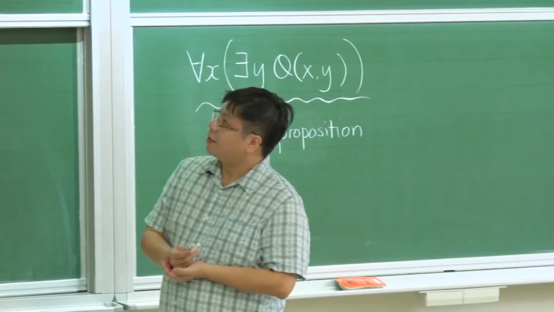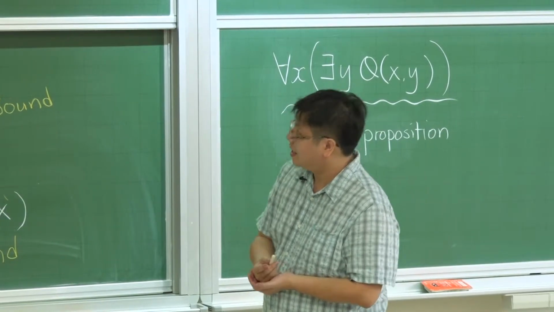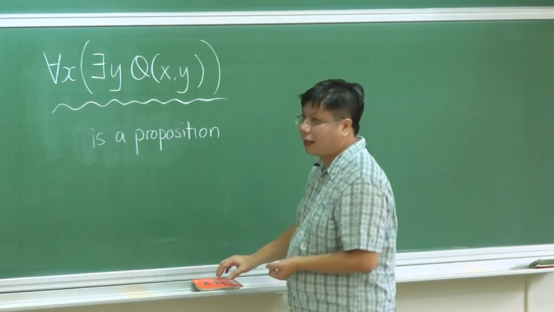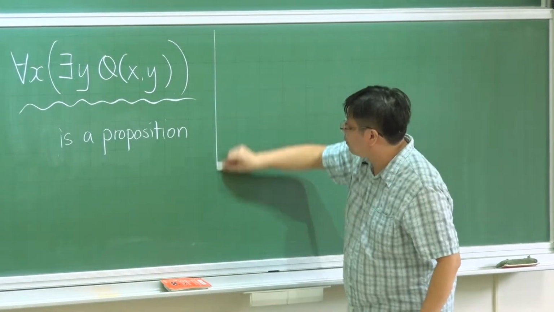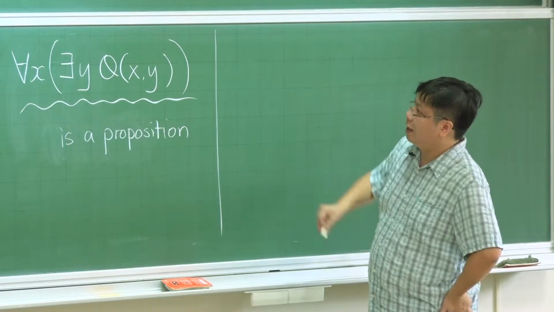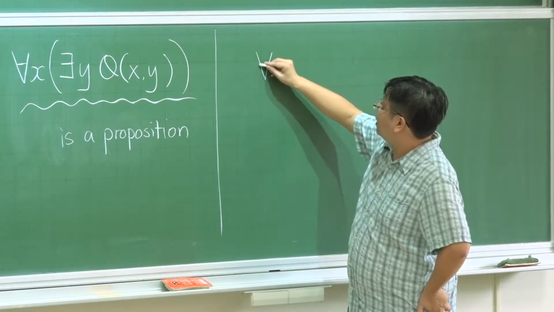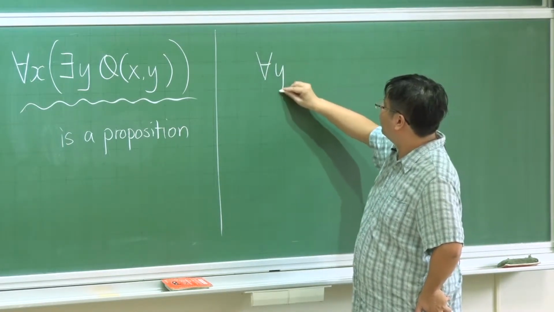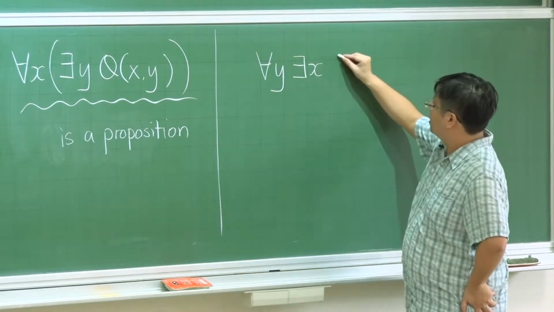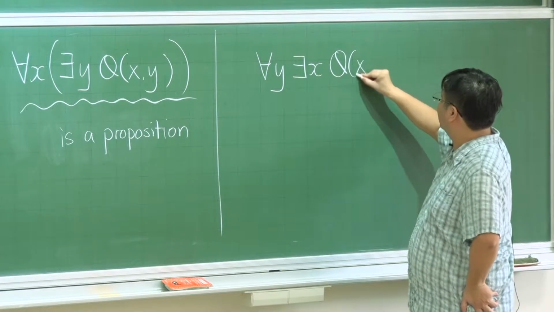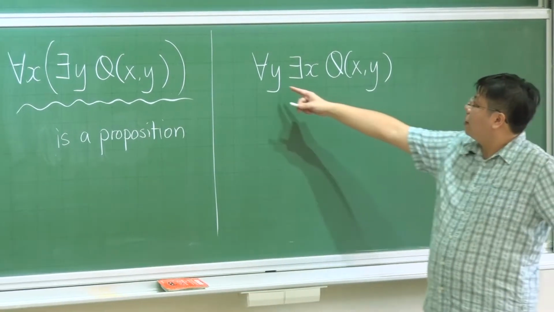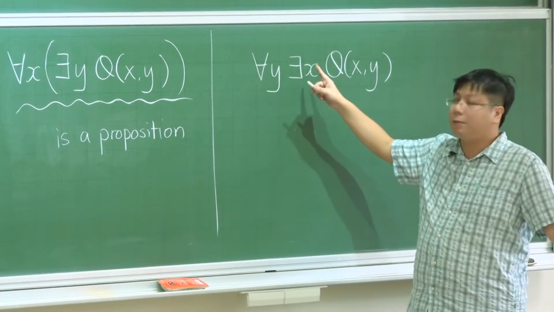So for instance, let's use this Qxy as an example and understand the meaning of the two different ways of writing. I can say for every y, there exists x Qxy. Is that okay? So this is one way. So I'm using for all y, I'm using there exists.